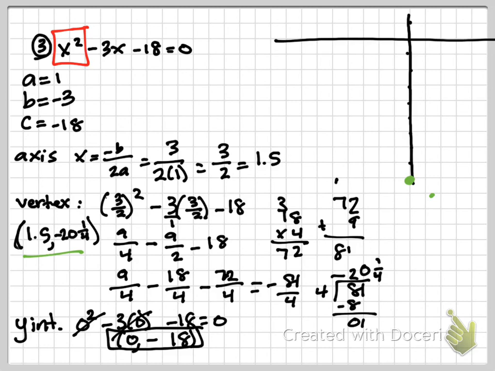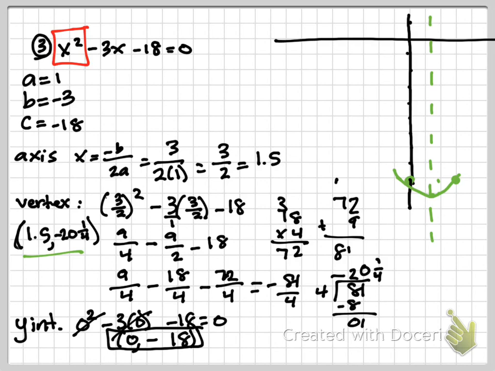Black pen. So that is my vertex right here. That's where if I folded it, it would be the same on both sides, which means if I go 1.5 spots in the other direction, I should match. Here's my half, here's 1, so it should go right here.